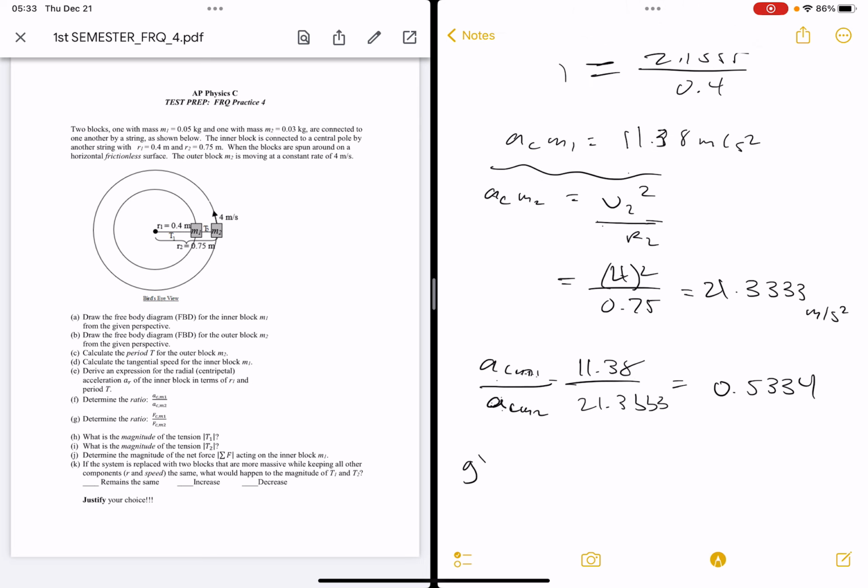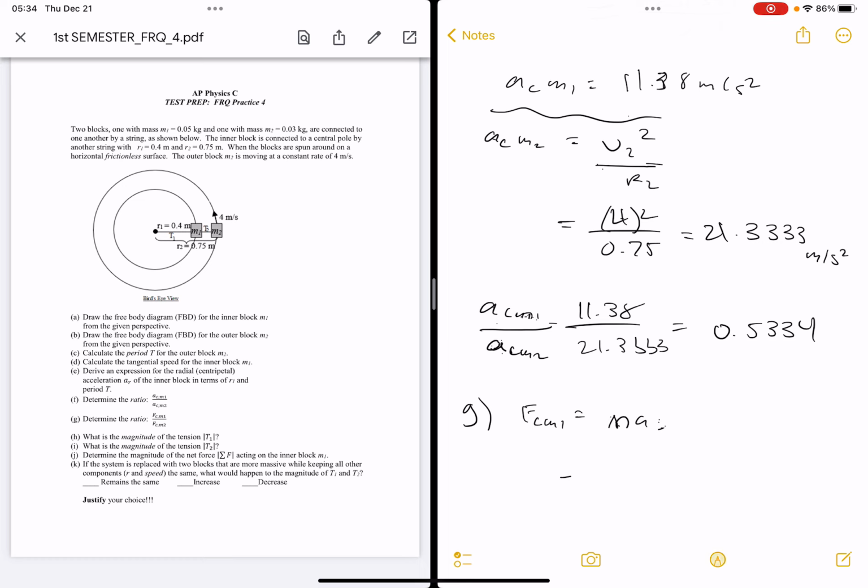Now on to G. So for FC, we know that FCM1 is just the mass. So write it out first. We know that it's just mass times acceleration, AC1.